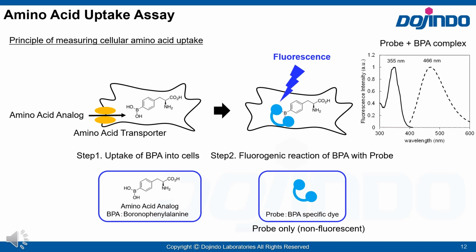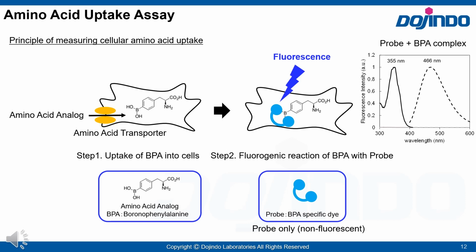L-type amino acid transporter 1, LAT1, is one of the amino acid transporters, and LAT1 is specifically expressed in many cancer cells. The conventional method for assessing amino acid transporter activity involves the use of radioisotope-labeled amino acids. However, this method requires special handling and the disposal of radioactive materials.